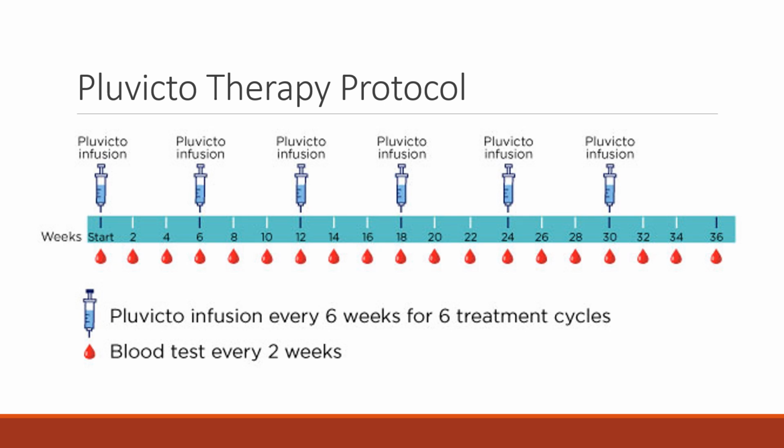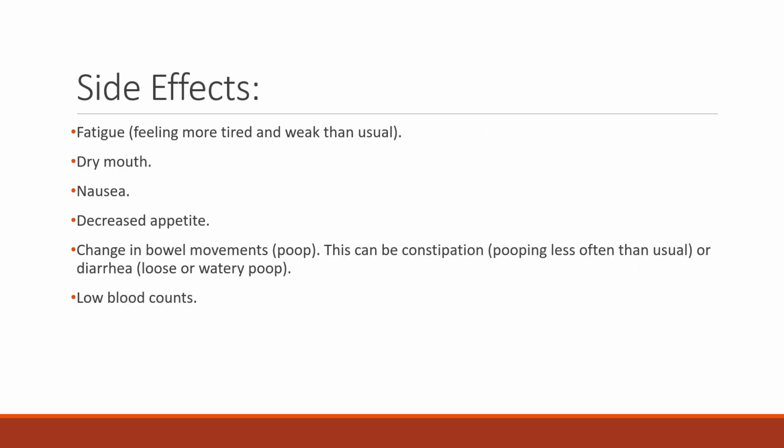Blood tests are done every 2 weeks. Same thing as all the other therapies, we want to make sure that their platelet levels, hemoglobin, all of that is where it needs to be, and they're not getting too run down and too anemic or anything like that to continue.